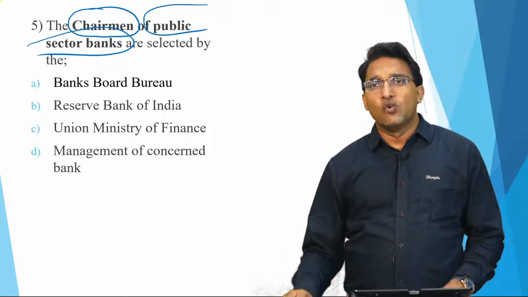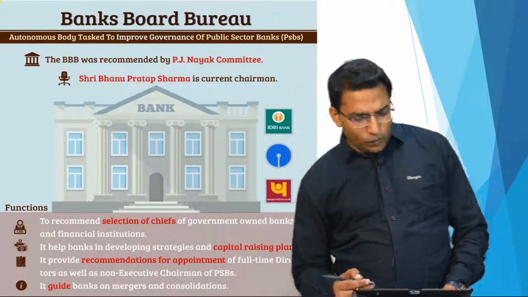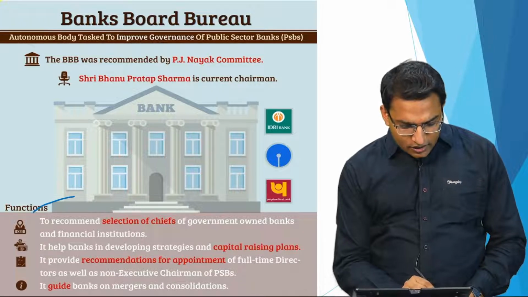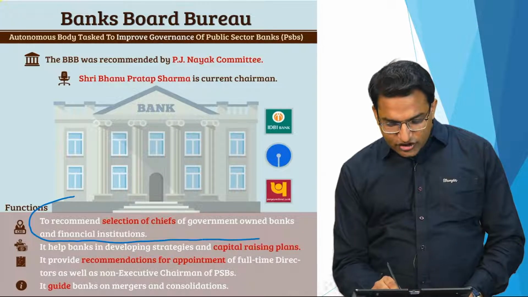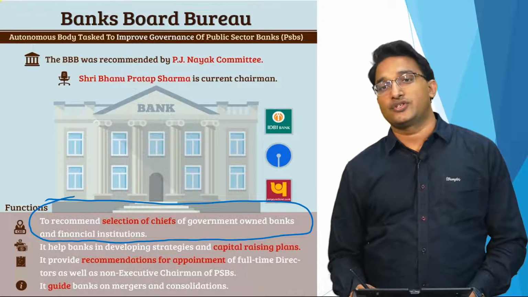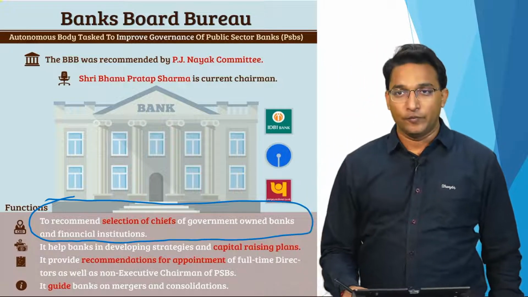So Bank Board Bureau was introduced, and there are many works of the Bank Board Bureau. One of the important functions of the Bank Board Bureau is to recommend selection of chiefs of the government-owned banks and the financial institutions. This is one of the very prominent functions of the Bank Board Bureau.